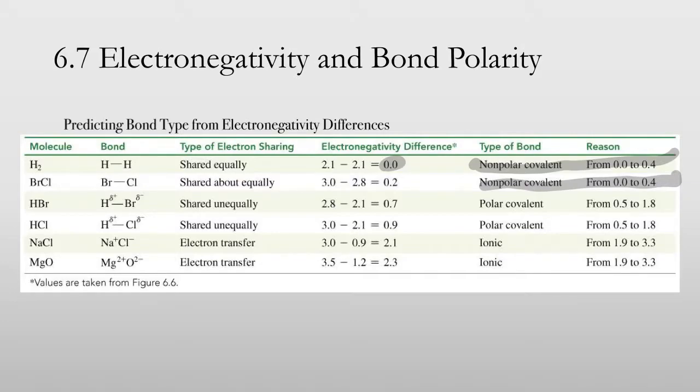For hydrogen bromide, we have an electronegativity difference of 0.7, which puts us into the polar covalent range, which they have here for 0.5 to 1.8. Sodium chloride has a difference of 2.1, and 1.9 to 3.3, or anything greater than 1.8 essentially is going to be ionic. And you can look at the rest of those.